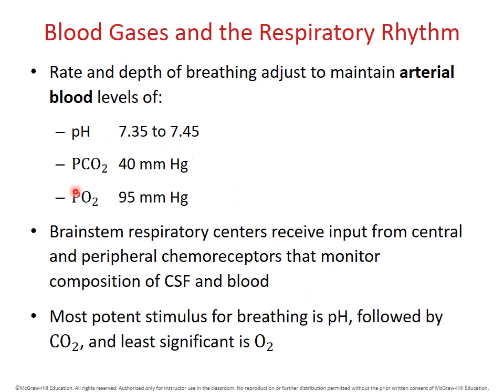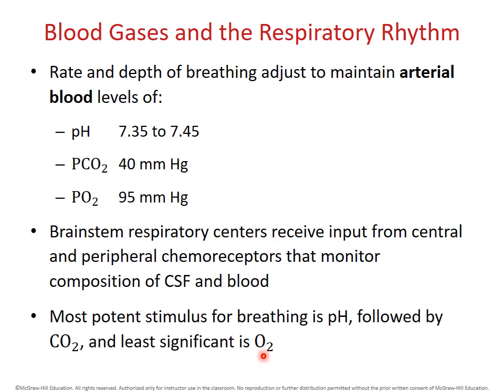Of all the factors that we monitor, the most potent stimulus that affects ventilation rates is pH. Changes in pH have the greatest effect on these chemoreceptors. Then carbon dioxide will affect them as well. And then finally, and perhaps this is surprising, but the least significant factor is oxygen. This has the least effect on these chemoreceptors.